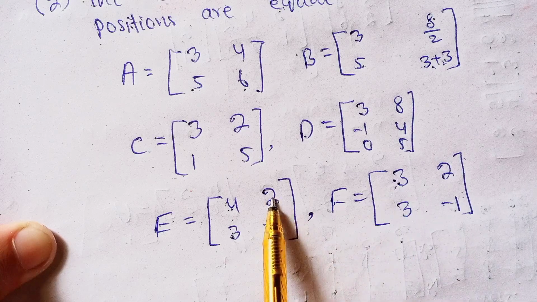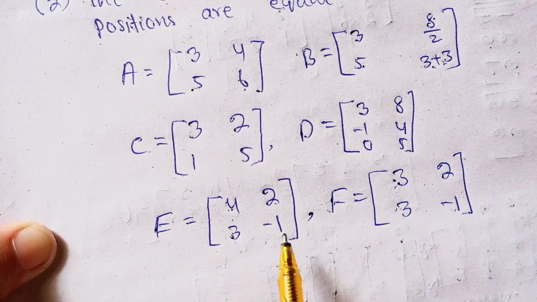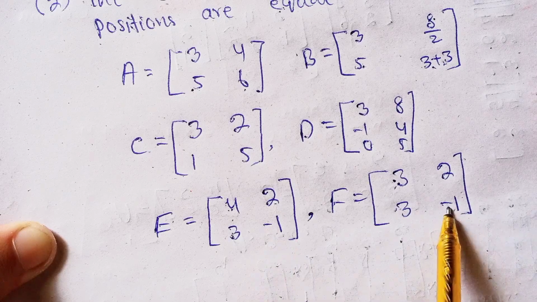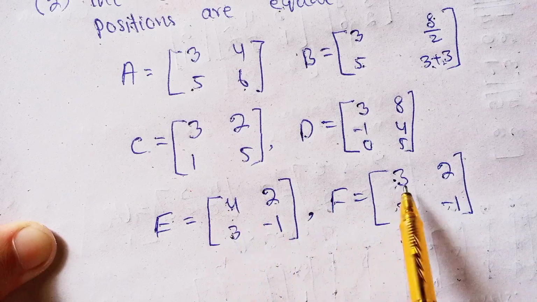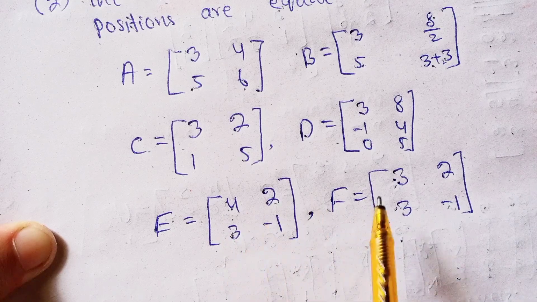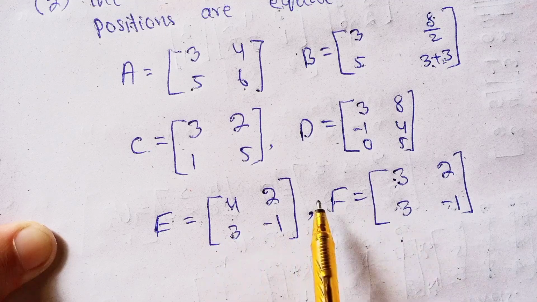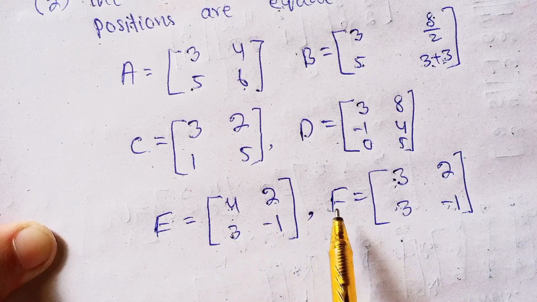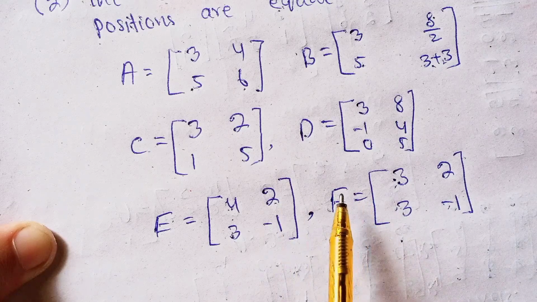And here is 2, here is 2, here is 3, and here is also 3. Here is negative 1, and here is negative 1. But if we look at these two matrices, then the first entries of the two matrices are not equal. So that is why these two matrices are not equal, although these two matrices have the same order. Due to the difference of one element, the two matrices are not equal.